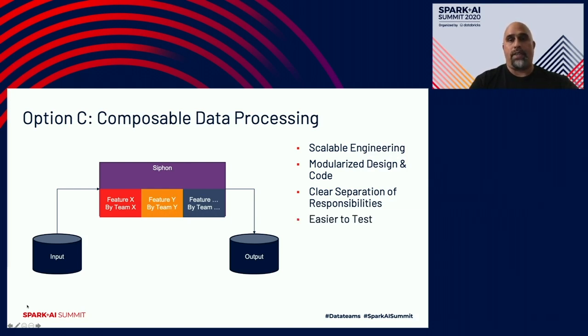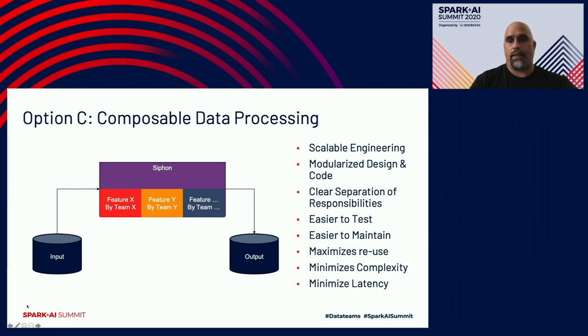It'll be easier to test the system, easier to maintain, and it'll maximize reuse. And by having a single step, a single pass through the data and a single output, we're going to end up benefiting with minimal complexity, minimizing latency, and minimizing the COGS. And so what we've done is we've taken that zero-sum game and made it a win-win game.